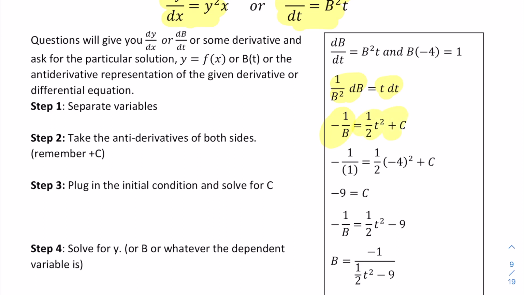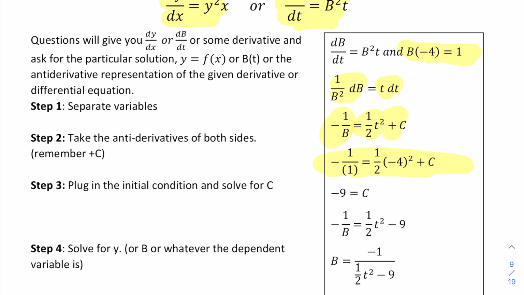Now at this point, what we want to do is take our initial condition and plug it in. If you just get to this step right here, you've already earned 4 of the 5 points. So it's a pretty simple way to get 4 points, you just have to make sure you understand the question.